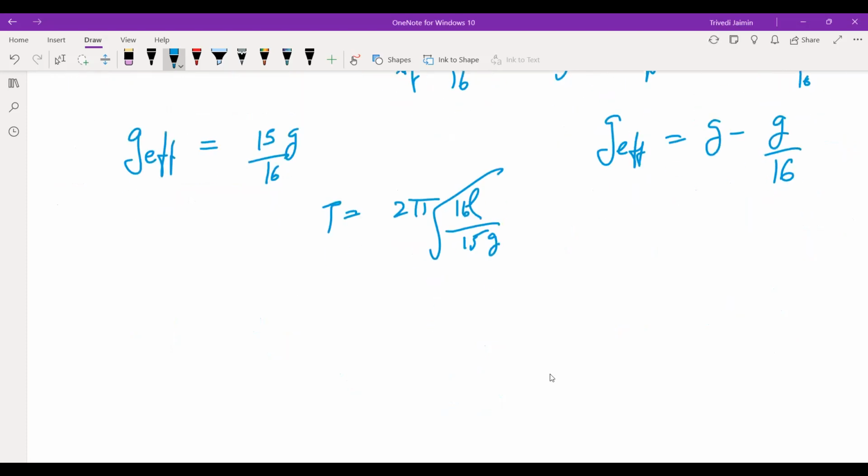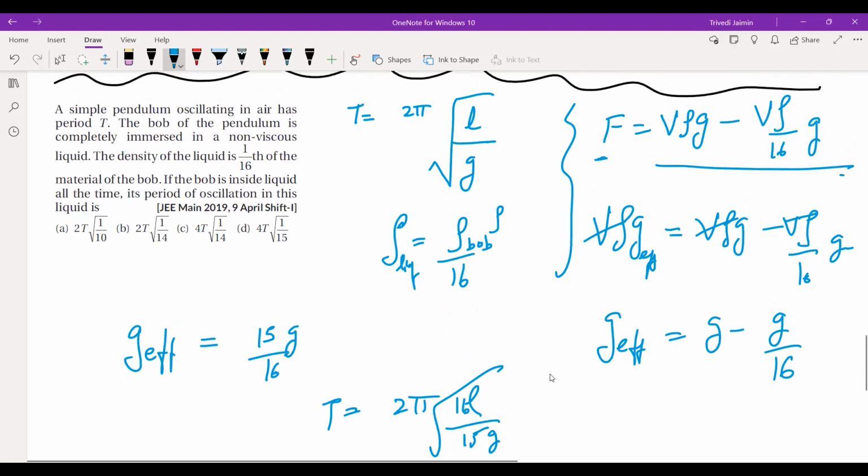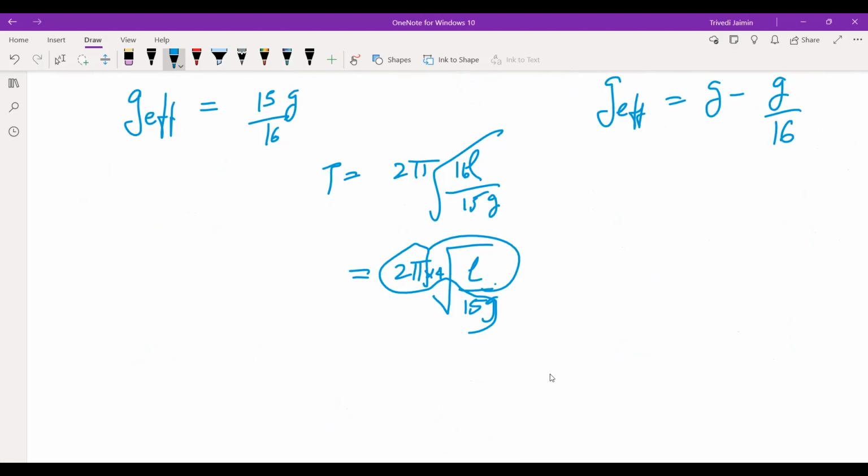Since we have T in the options, I can say that T effective equals 4 by root 15 T.